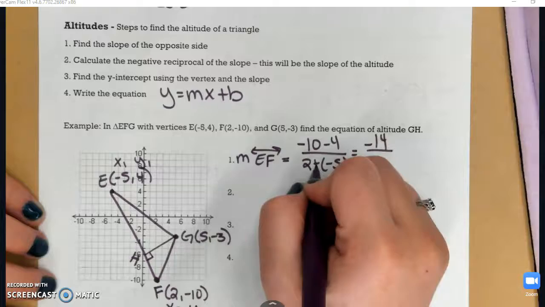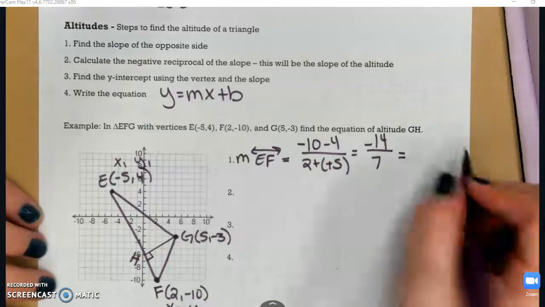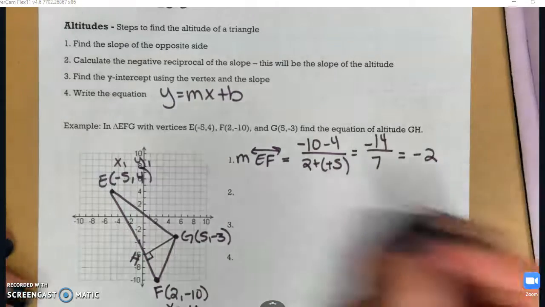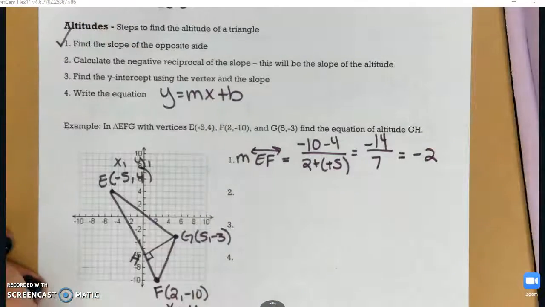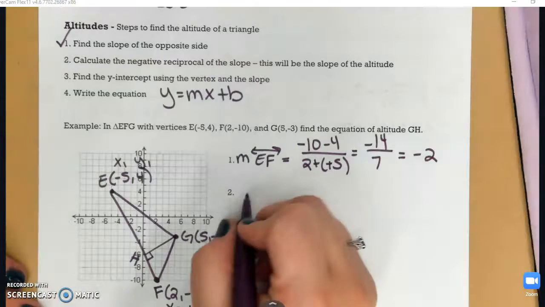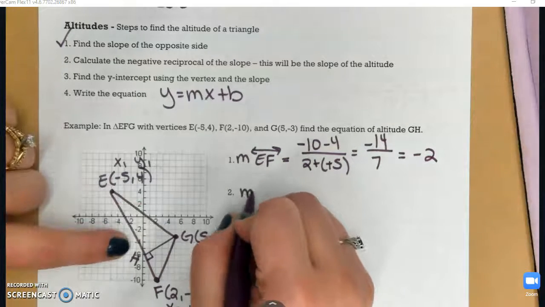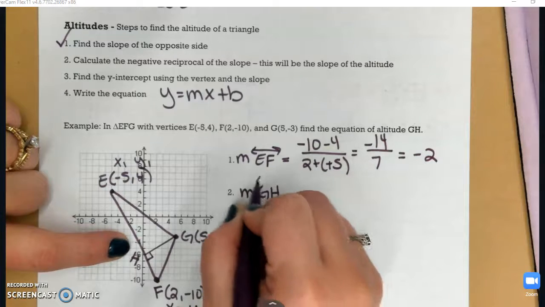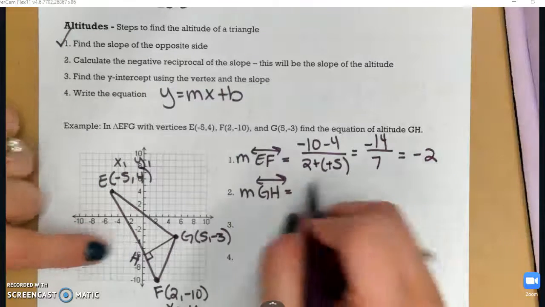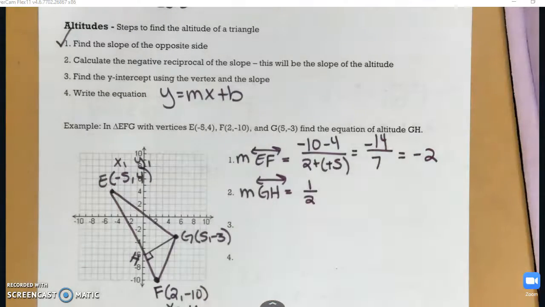Negative 14, that becomes plus. Negative 14 over 7 is negative 2. So there's step 1. Now on to step 2, I want to find the perpendicular slope, so the opposite reciprocal. So for line GH, that would be positive 1/2.